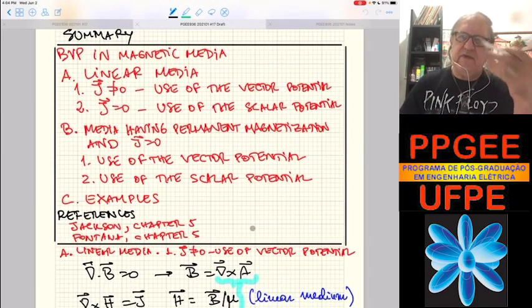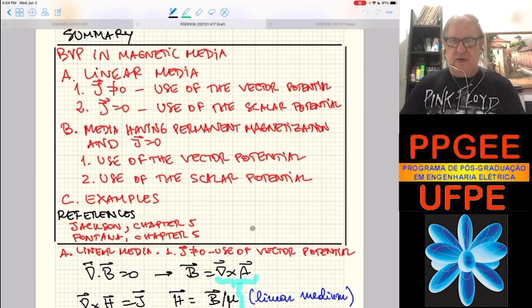First, we are going to introduce the formalism of using potential functions to solve problems in magnetostatics.